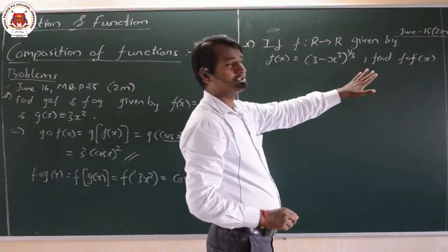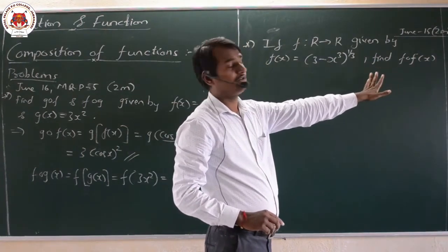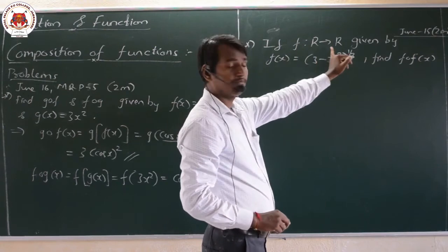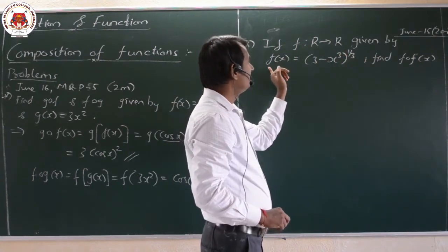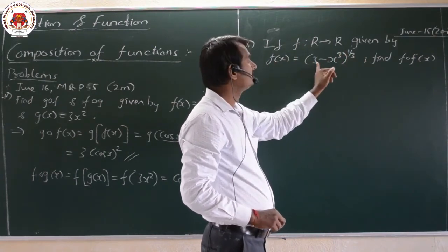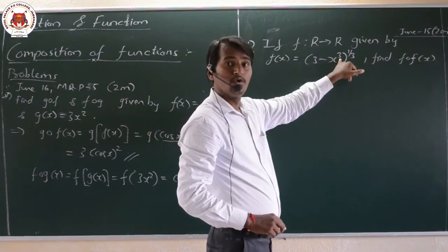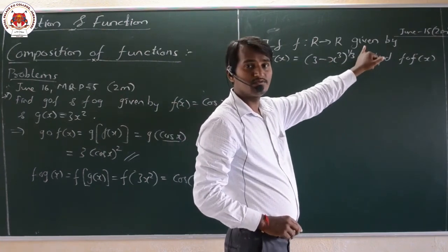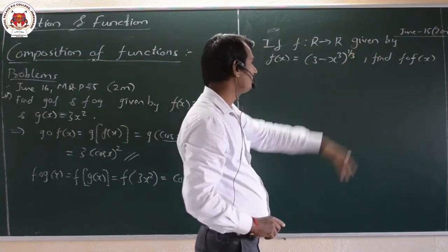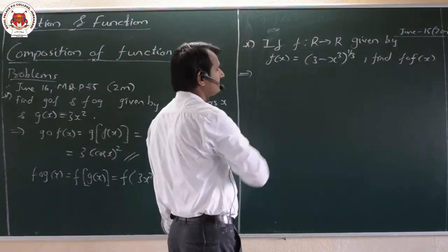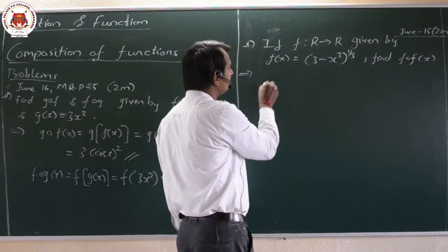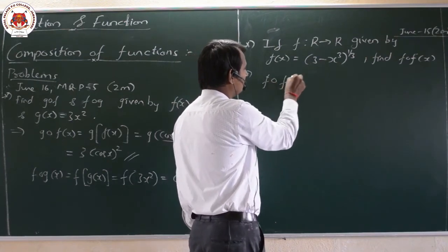Here only one function is there, and we are required to find f of x. The function f from real numbers to real numbers is given by f of x equals 3 minus x cube, whole to the power of cube root, that is 1 by 3. That we shall solve. So what we get here is f of f of x.